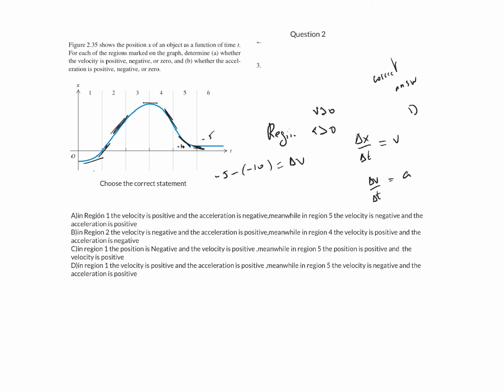You see that the change in the velocity is positive here, because it will be minus 5 plus 10, which is plus 5. So the change in the velocity is positive in region 5. So what is the correct answer here? The correct answer is D. In region 1, the velocity is positive and the acceleration is positive, while in region 5, the velocity is negative and the acceleration is positive.